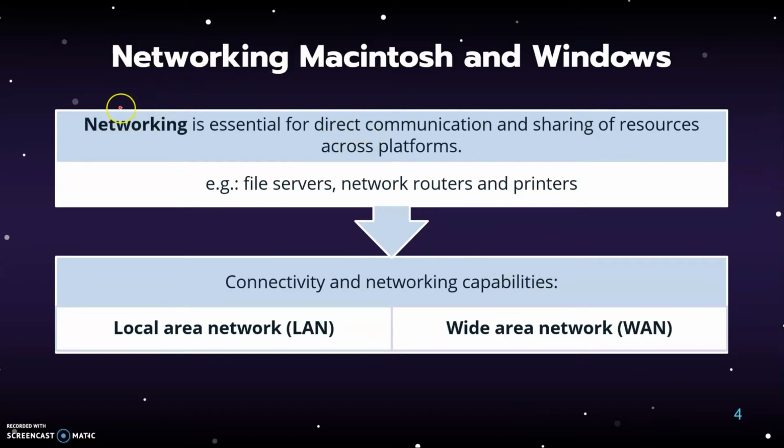Okay, so the next is networking. Okay, so what is the purpose of networking? Networking, okay, meaning to connect two or more computer systems by linking them together, okay, using a network. So a network is when we link something together.